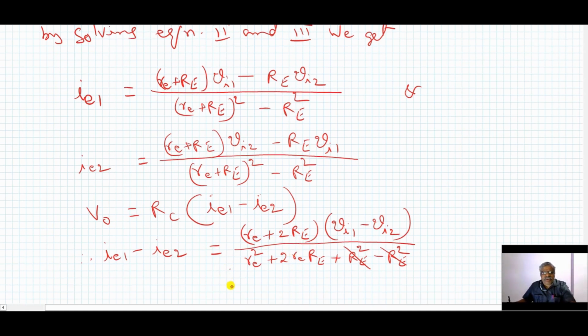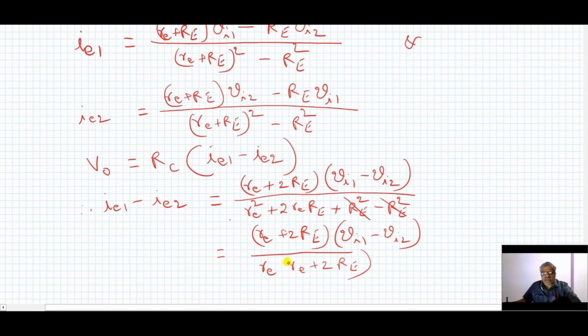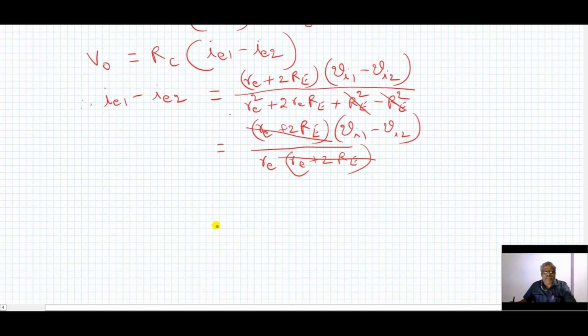So this can be simplified further, and finally we get the difference between IE1 and IE2 as VI1 minus VI2 divided by re.